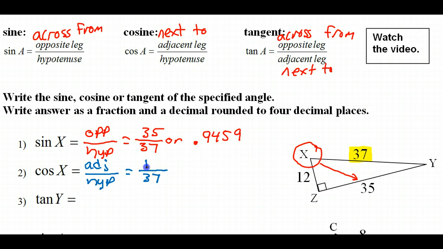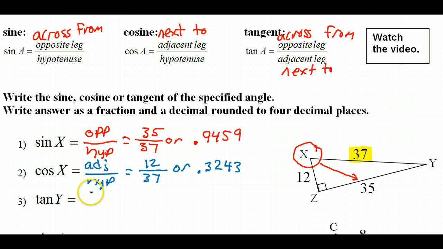The 12. So this one will be 12 over 37, which as a decimal would be 0.3243 if you round it to 4 decimal places. Okay, now tangent.